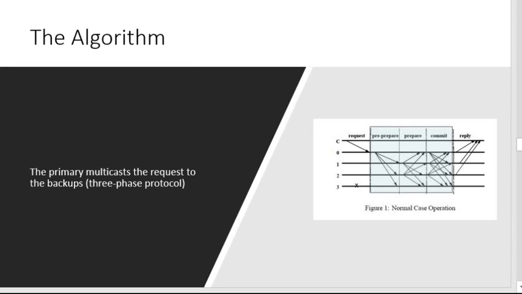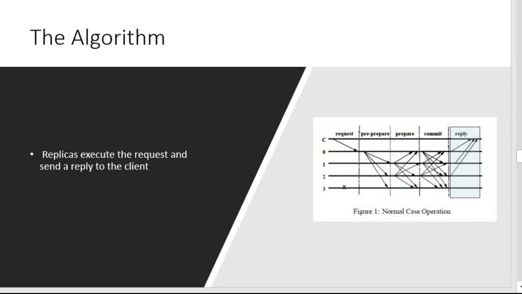After the backups have completed the commit, they will send their response. As we see here, replicas execute the request and send a reply to the client. In the highlighted part we can see the replicas sending the reply for whatever was requested by the client.